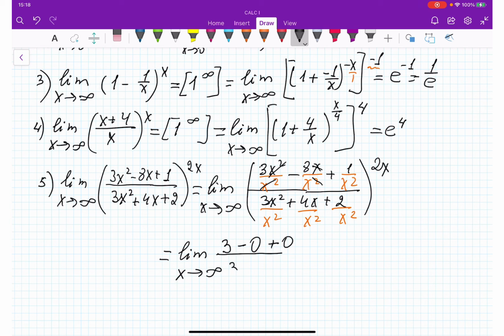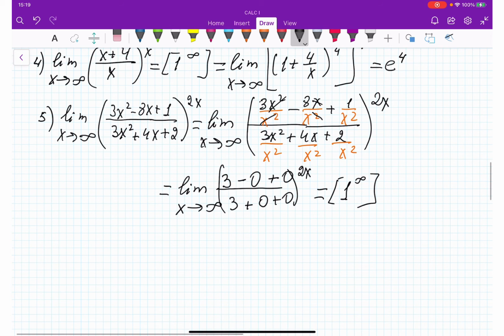Here we have 3 plus 0 plus 0, and all this to power 2x, which is giving us 1 to power infinity, right? Okay, which means we can apply the definition of e through the limit.